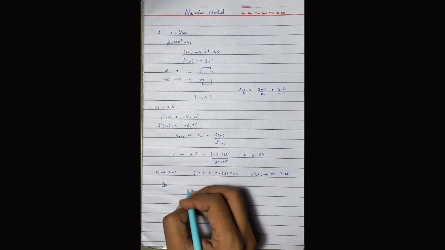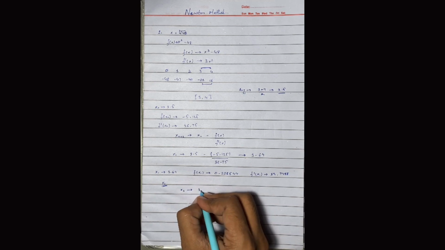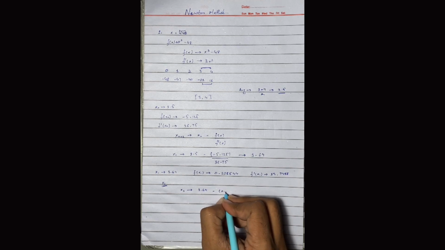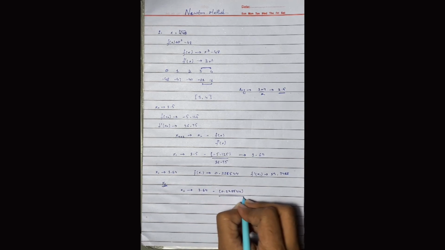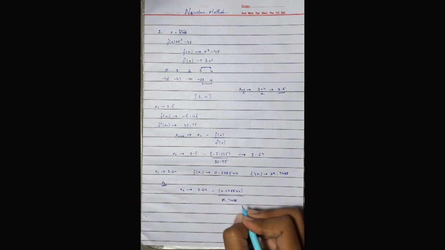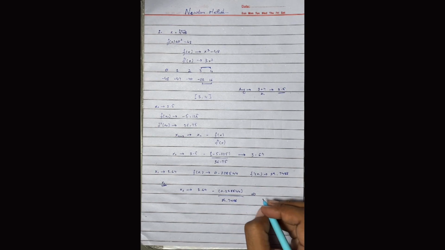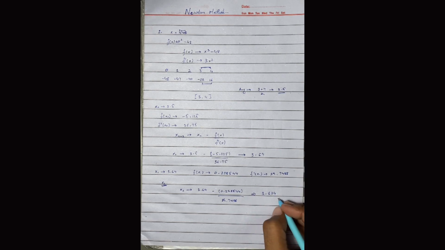The working for x2 is x1, which is 3.64, minus 0.228544 divided by 39.7488, and the value we will get for x2 will be 3.634. So this is our x2.